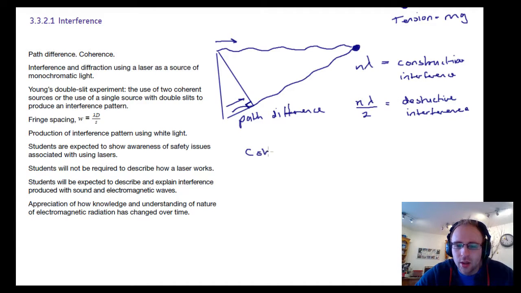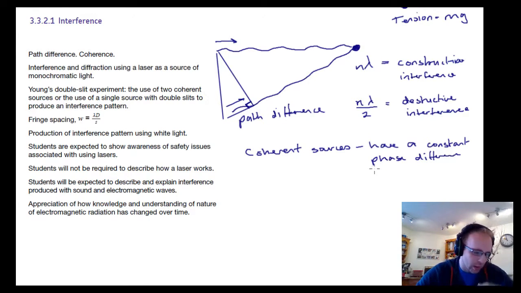Coherence, or should we say coherent sources, have the same frequency, that's kind of different, have a constant phase difference.